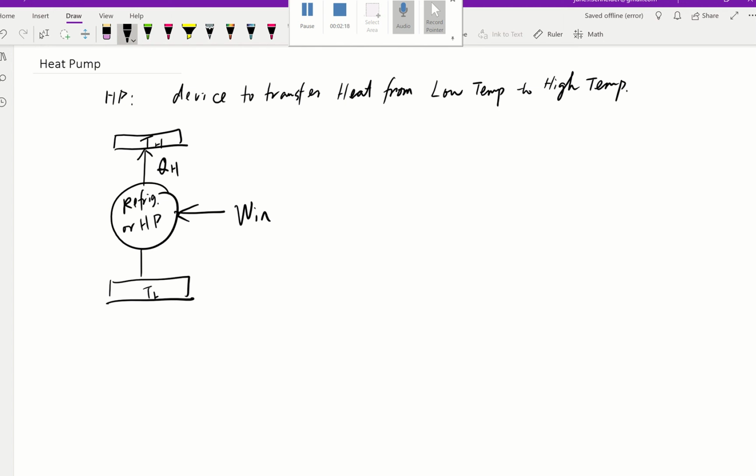That's going to be QH. And we also have heat coming into the system, QL, from the refrigerator space, right? Taking the heat coming from the refrigerator space.